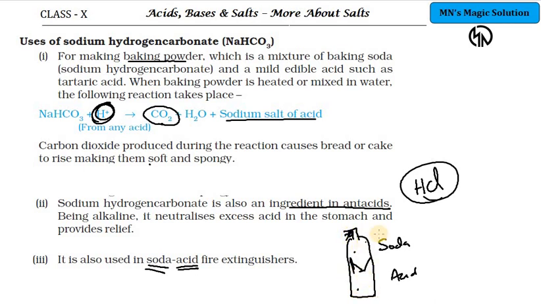It is actually filled with soda and acid, and when you release the knob, the two react with each other, producing a huge amount of carbon dioxide which gets released from the nozzle. So this is the idea of the soda acid fire extinguisher. Totally, we have seen 3 uses of sodium hydrogen carbonate or baking soda: one is for baking, the other is for antacid, and the third is for the soda acid fire extinguisher.